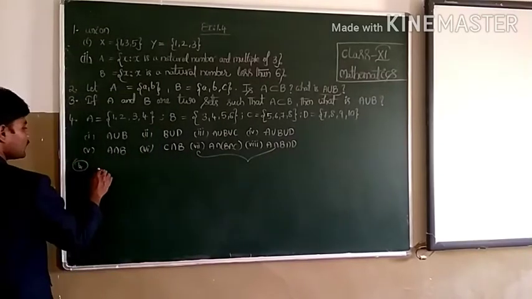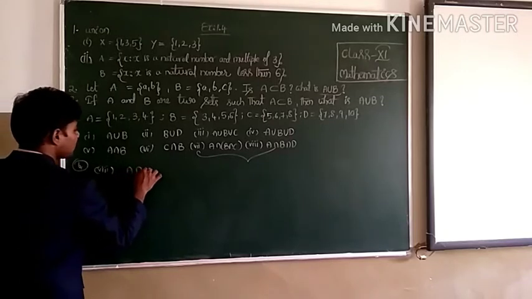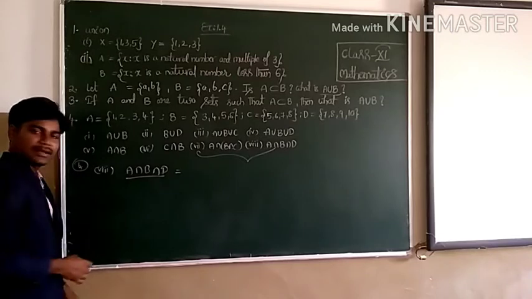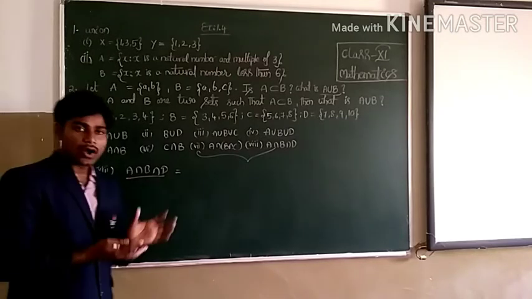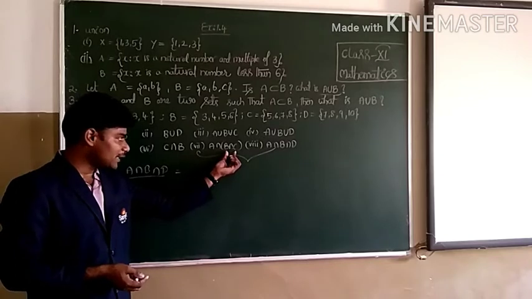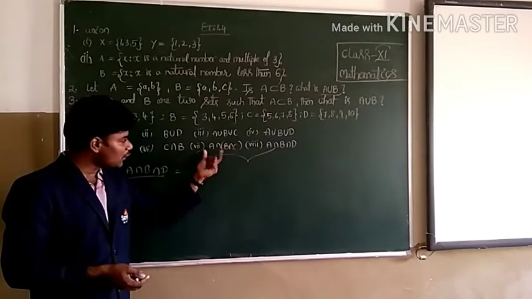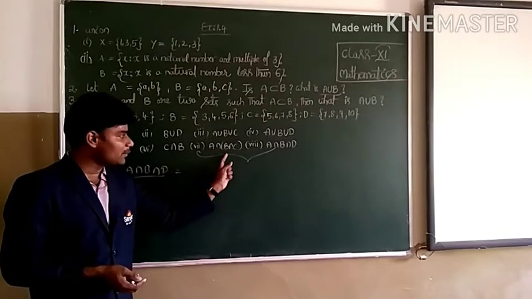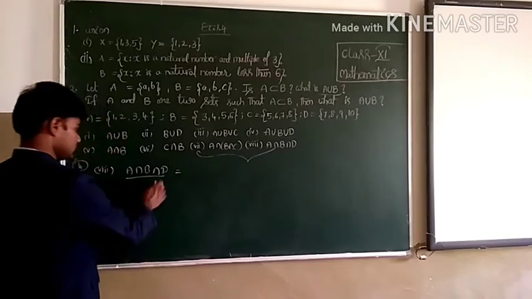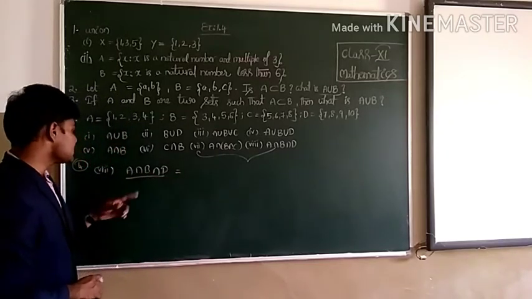Here, A intersection B intersection D has no brackets. Directly we need to observe the common elements among the 3 sets. In the bracketed case, first we identify the common elements in the first 2 sets, and afterwards the common elements between the two expressions. Right? Now here we need to identify the common elements directly.